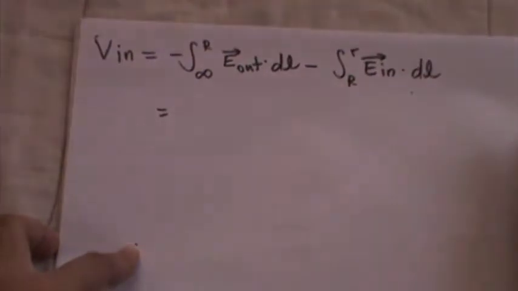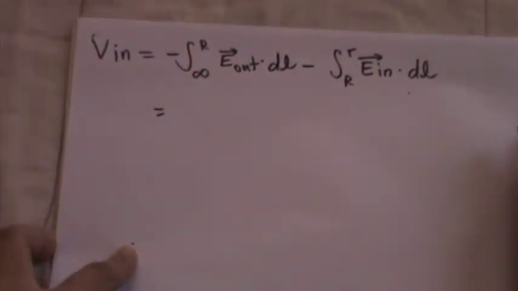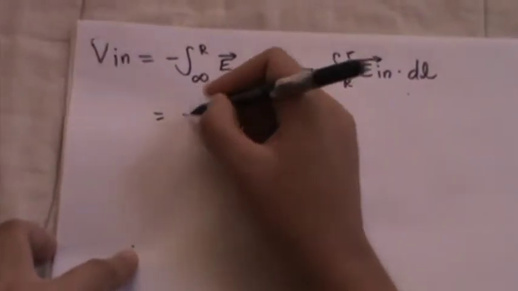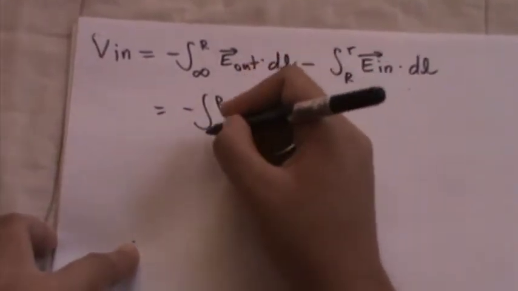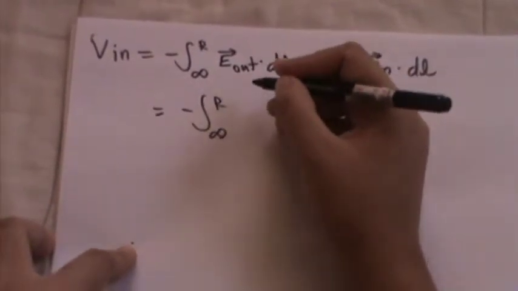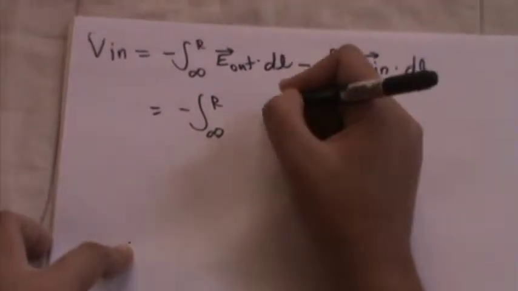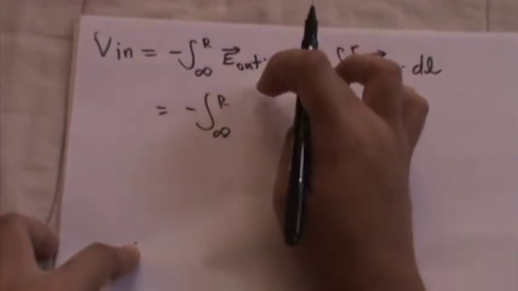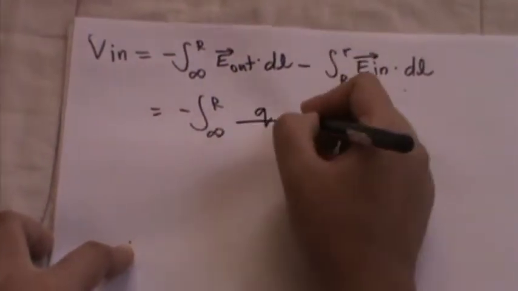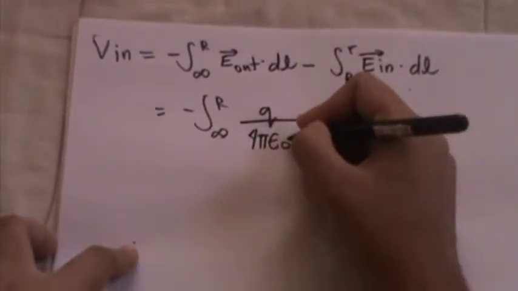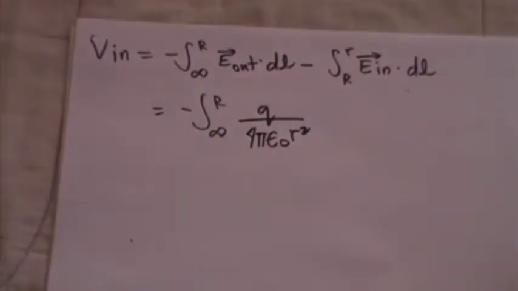So the next step is, let's write this first, negative integral from infinity approaching R, and we'll get the answer Q over 4 pi epsilon naught R squared. Where did I get this value?